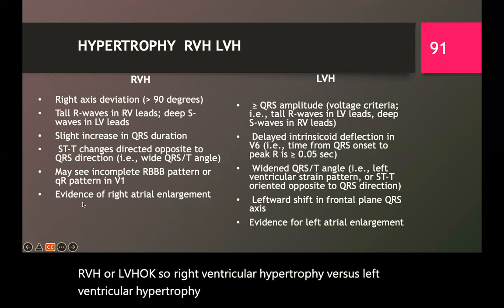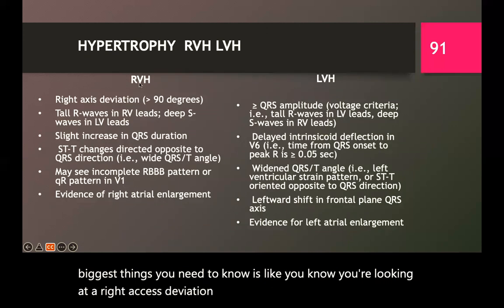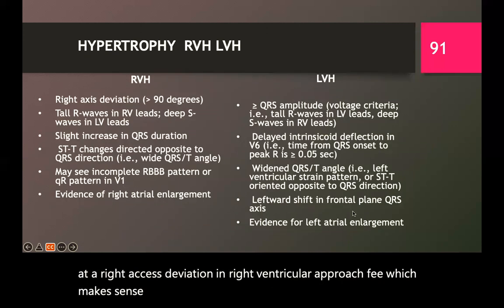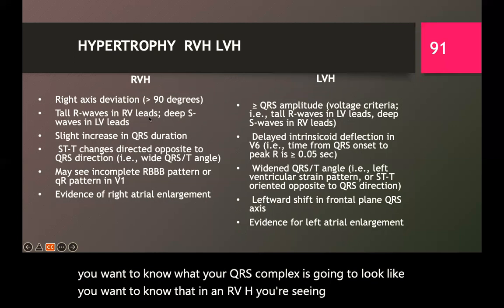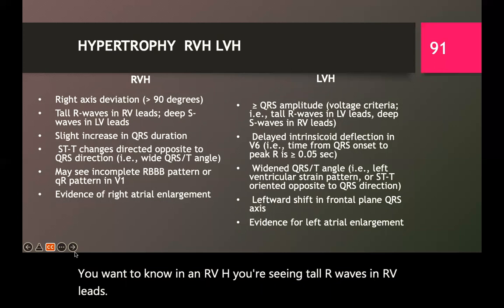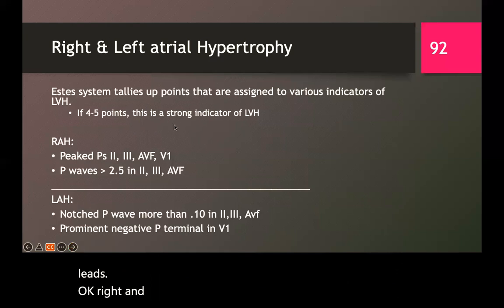The biggest things you need to know are, you're looking at a right axis deviation in right ventricular hypertrophy, which makes sense. You want to know what your QRS complex is going to look like. In an RVH, you're seeing tall R waves in right ventricular leads. Then there's right and left atrial hypertrophy.